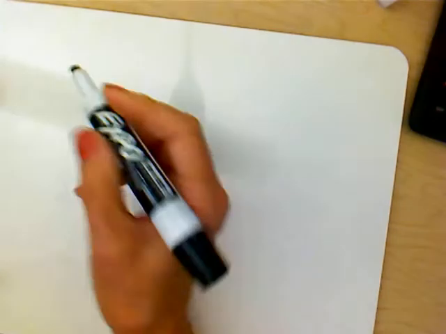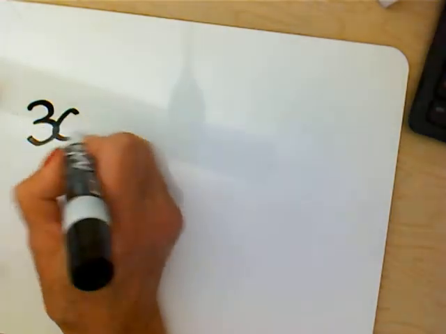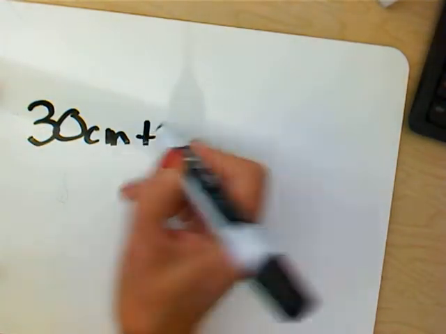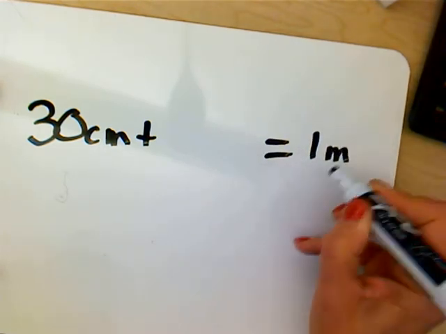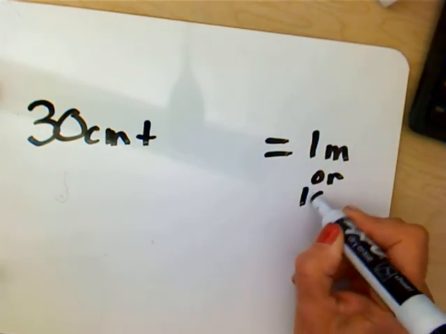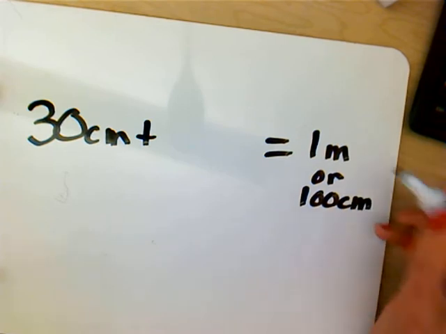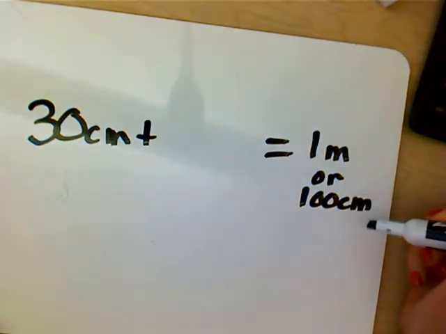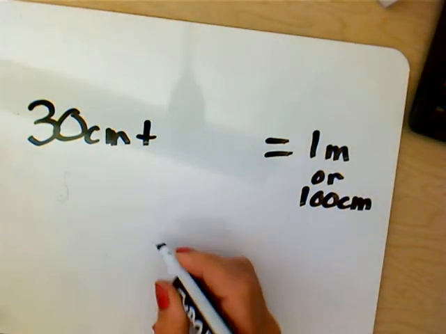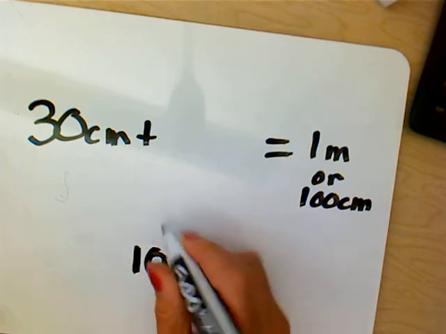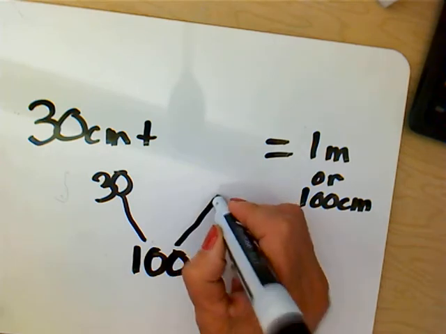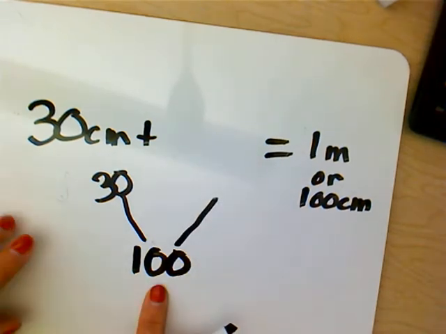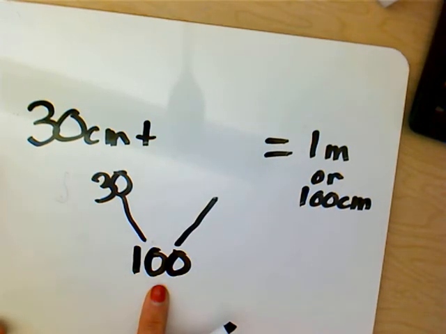Let's do 30 centimeters plus something to get me to 1 meter, or the same thing would be 100 centimeters. And I can use those interchangeably because you know that they have the same value. So 100 centimeters with 30 centimeters, and I want to understand what I would have to add to 30 in order to get 100.